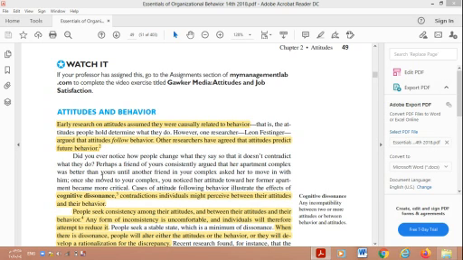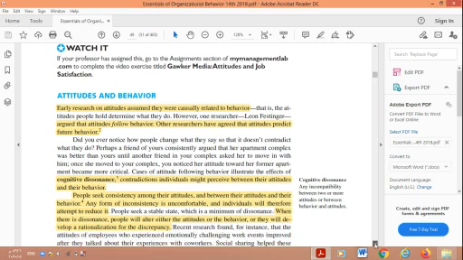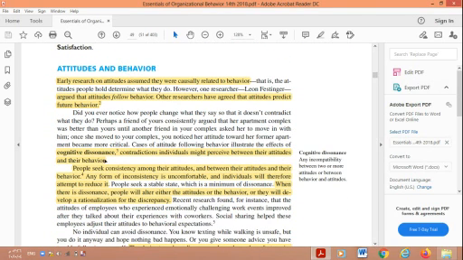So this is the definition of cognitive dissonance. It is an incompatibility between two or more attitudes, or between behavior and attitudes. People always seek consistency among their attitudes and between their attitudes and their behavior. Any form of inconsistency is uncomfortable, and the individual will therefore attempt to reduce it.